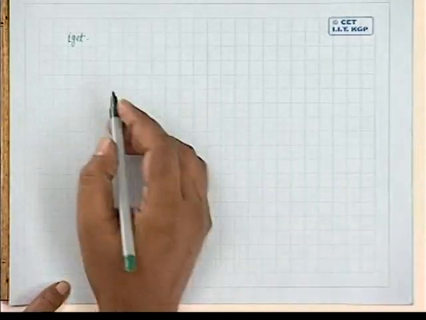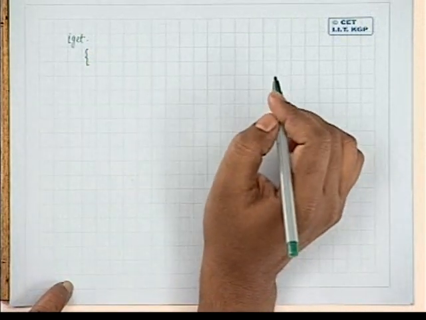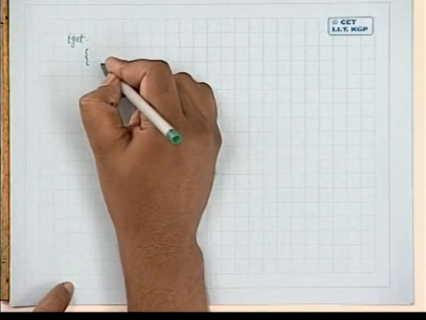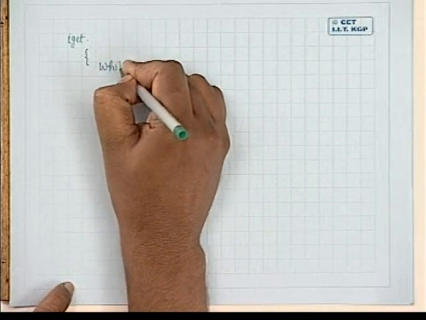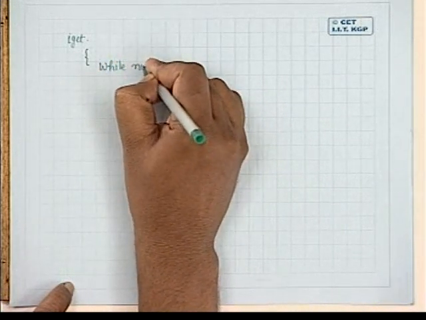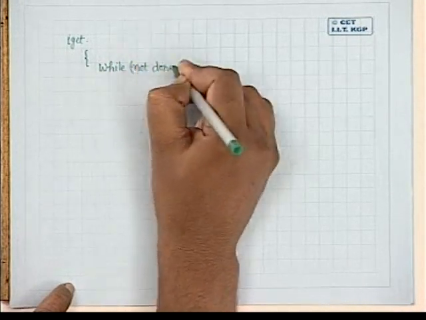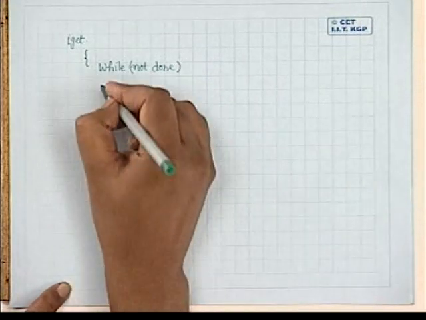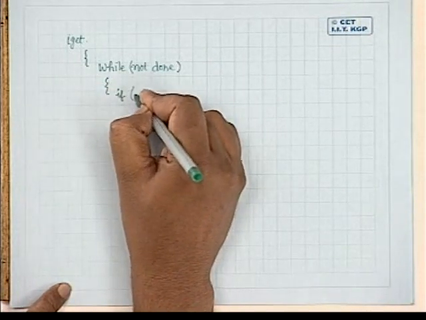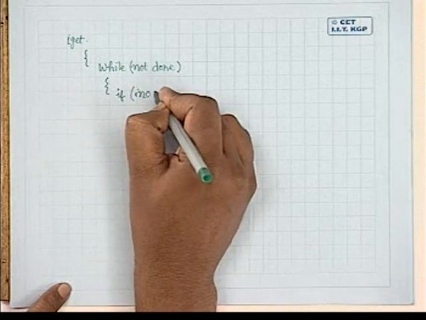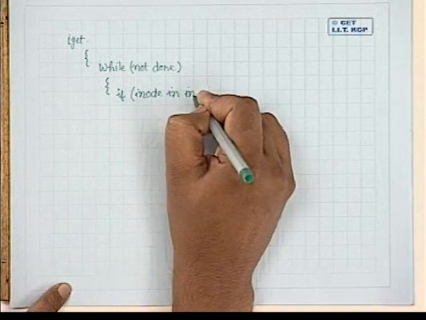I can write this algorithm in the same manner as the get block algorithm. So I'll write: while not done, if inode in inode cache.